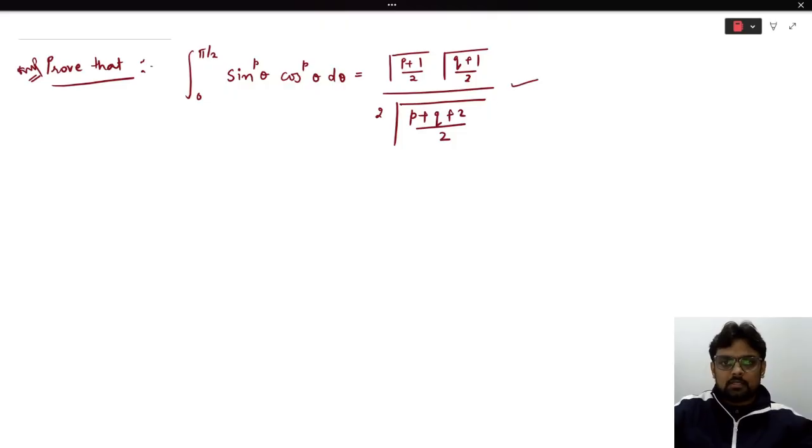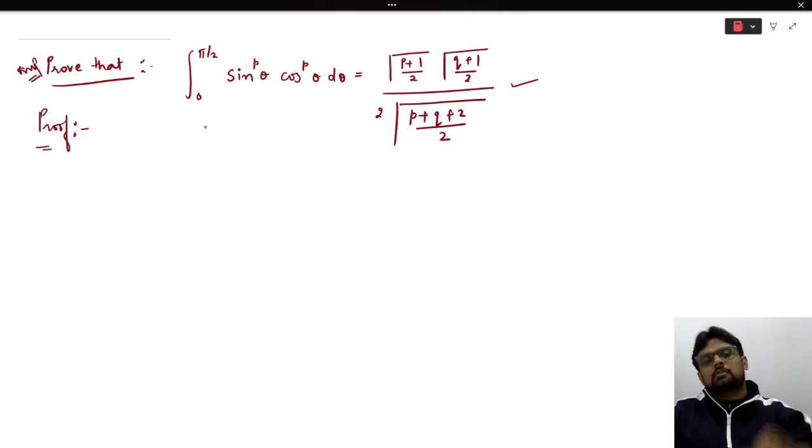So this is the formula. We have to prove this basically with the help of the beta and gamma functions.